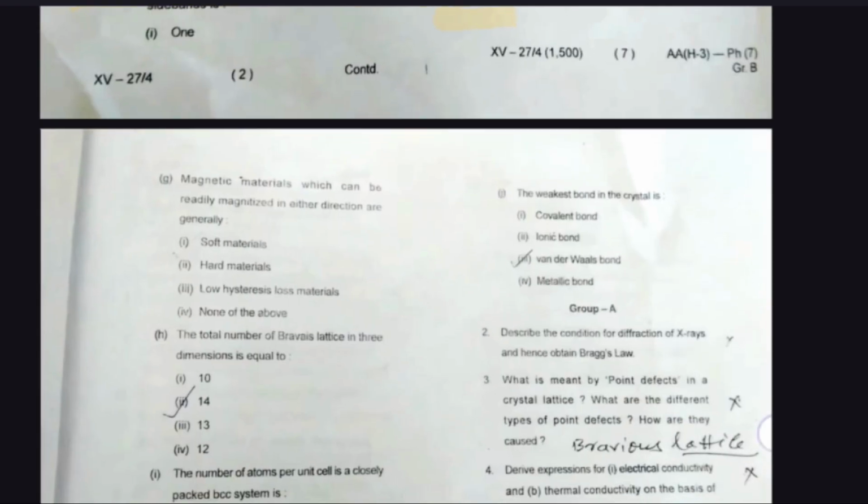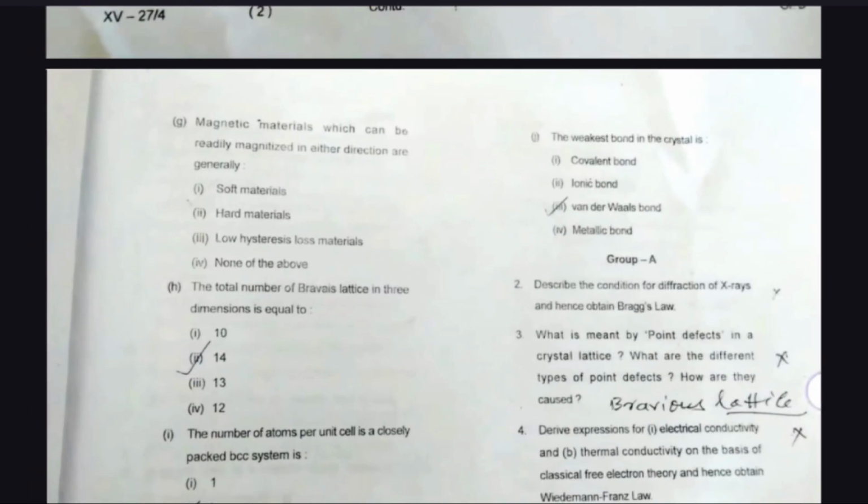So question number D, the answer is 2: upper sideband and lower sideband. So 2 is the correct answer. Then E, F. G, the magnetic materials which can be readily magnetized in either direction are generally soft materials.